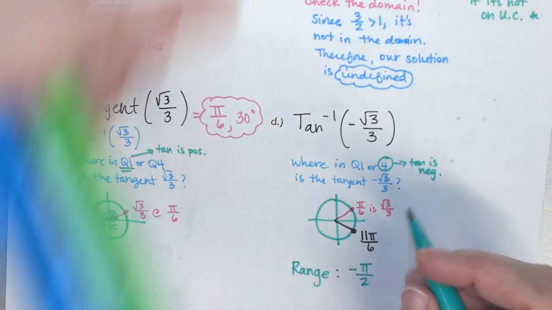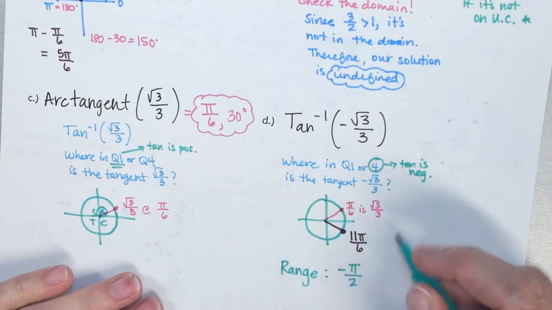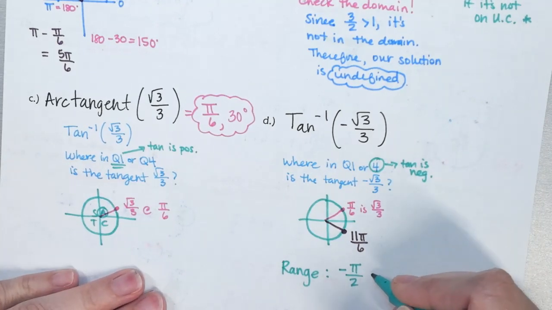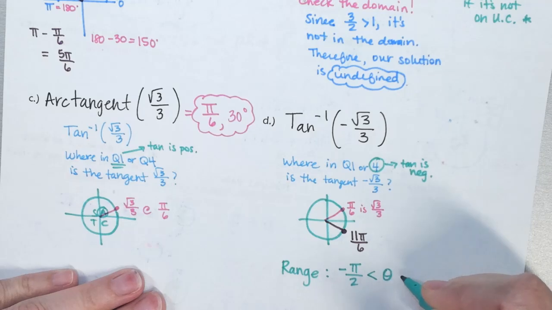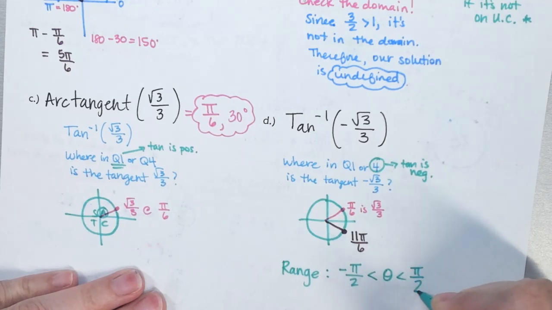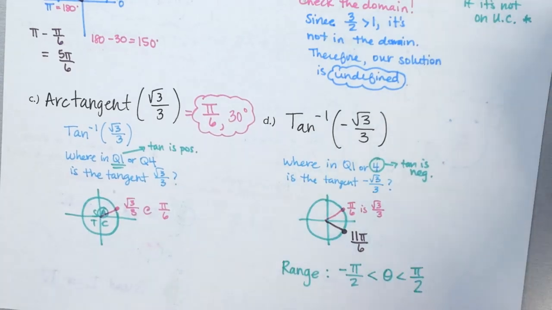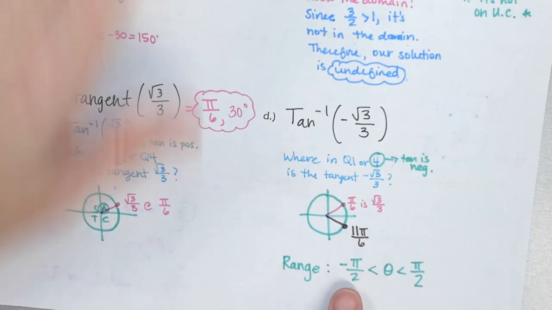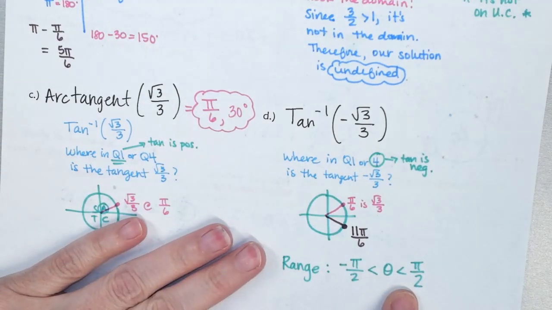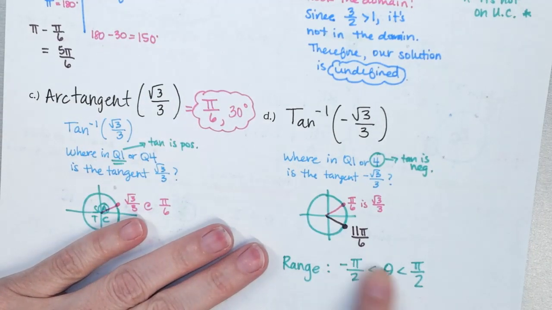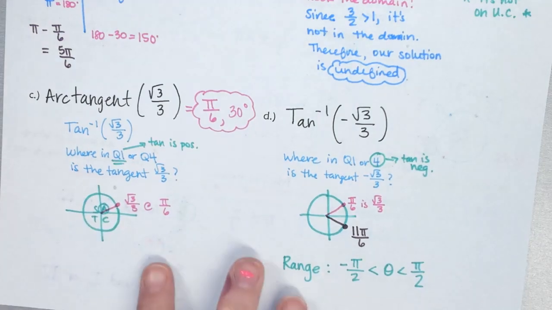To pi over 2. Okay, so if it has to be between those two values, 11 pi over 6 is not in between them, right? This is negative a half pi and a half pi, and 11 over 6 is definitely greater than a half, right?